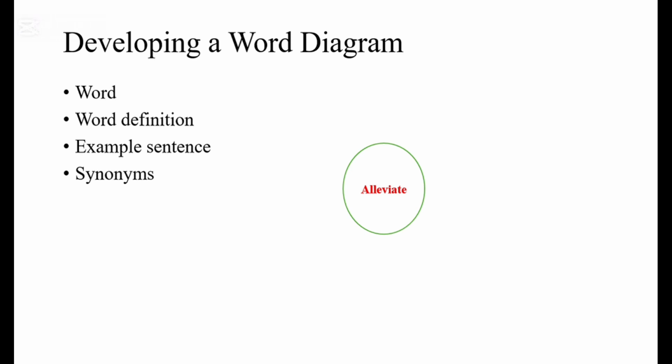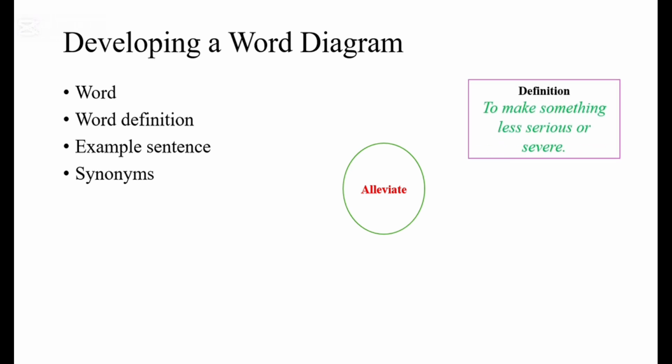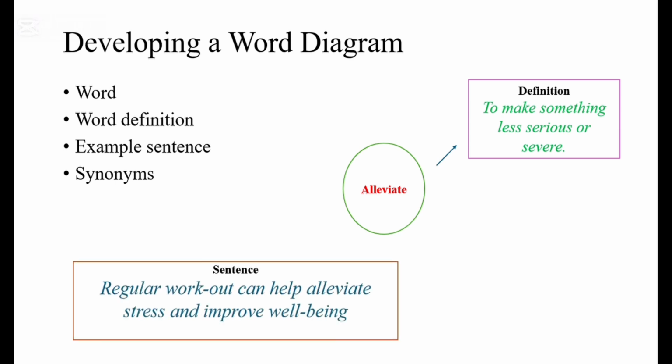What is the definition of alleviate? Here you can see the definition: the word alleviate means to make something less serious or severe. And then how we can use this word in a sentence.